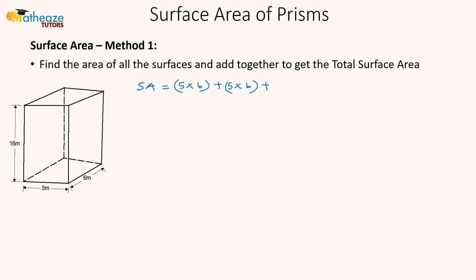Now we have this side here, it's 16 times 5. So that's that surface. And then back here we also have 16 times 5. Then for this surface here we have 16 times 6, and then the opposite surface also is 16 times 6.